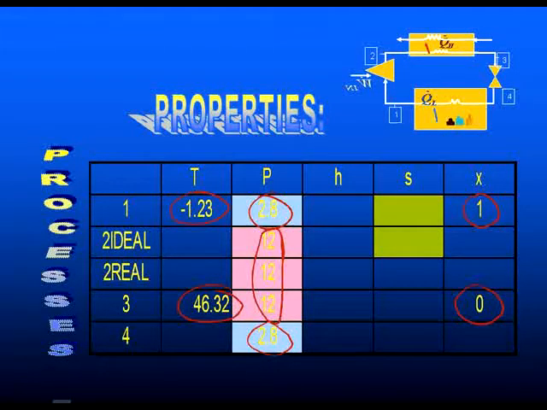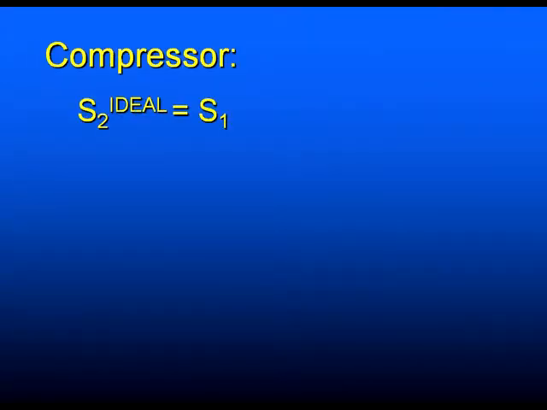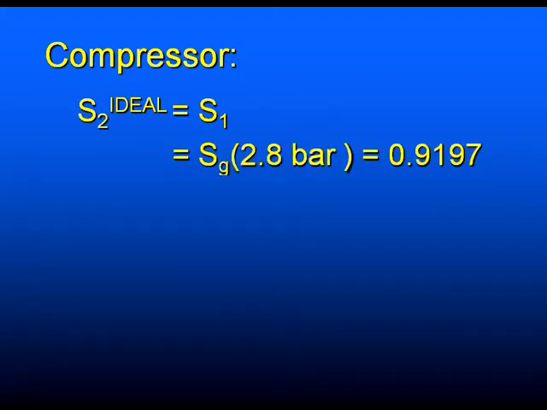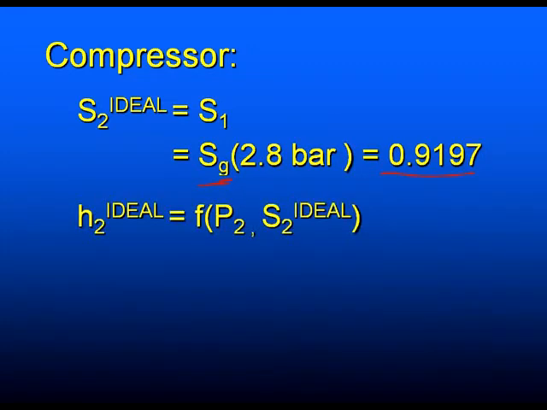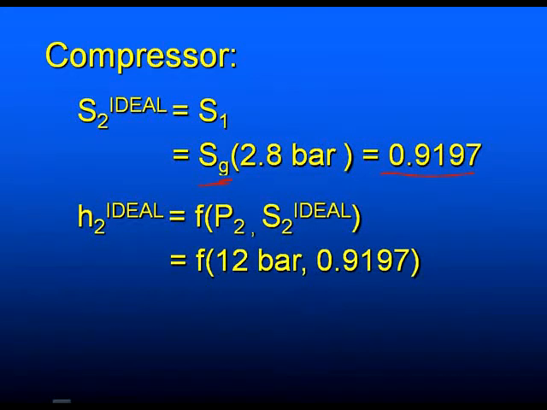And so we'll be able to reject that heat here. There's a little diagram of our process, and here we have our compressor. We'll do the calculations. S2 ideal equals S1, and S1 is a saturated vapor, so we use Sg, which is 0.9197. Using our knowledge of properties, H2 is a function of P2 and S2, and S2 ideal is the same as S1.